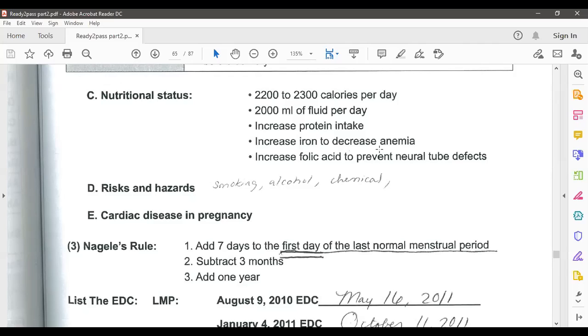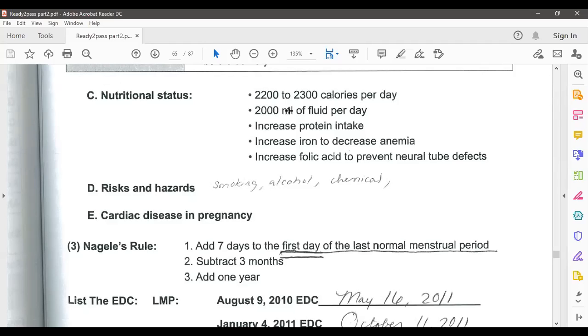Also, mother needs calcium. Calcium is needed for bones and for dental or teeth formation of the fetus. Fluid intake is recommended 2000 ml, or 2 liters, to 3 liters per day.